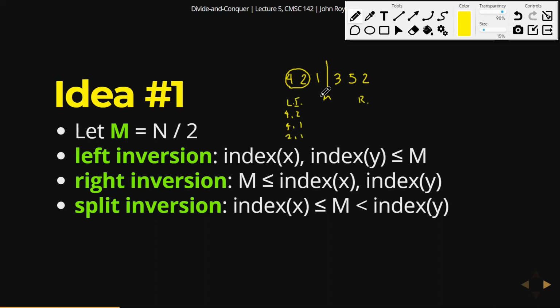The right inversions would be 3, 2, and 5, 2. How about our split inversions? The split inversions would be 4 and 3 here, 4 and 2 here, and then for 2, none, for 1, none. These are the split inversions because 4 is here and 3 is here, and 4 is here and 2 is here. So one is in the left half, one is in the right half. So we'll classify our inversions into left, right, or split inversions.